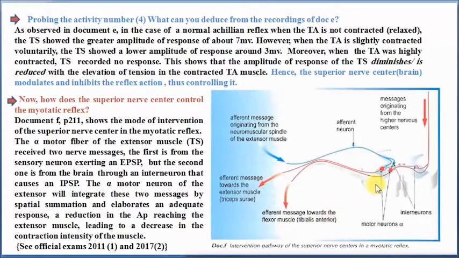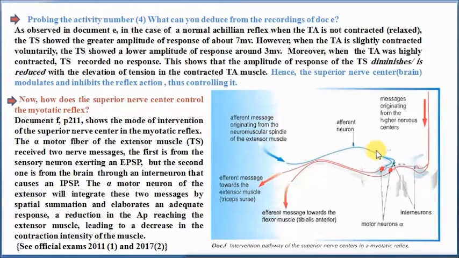The alpha motor fiber of the extensor muscle, the TF muscle, is receiving, as we said, two different messages. The first one comes from the neuromuscular spindle of the extensor muscle itself, that is from the triceps surae.